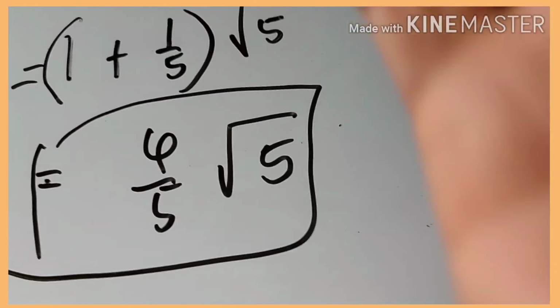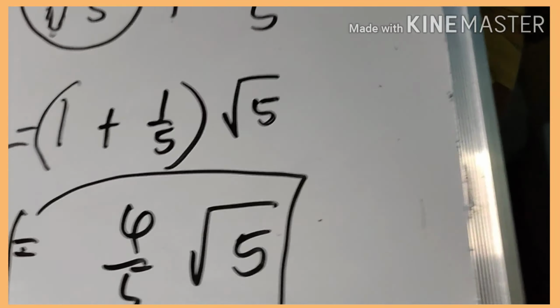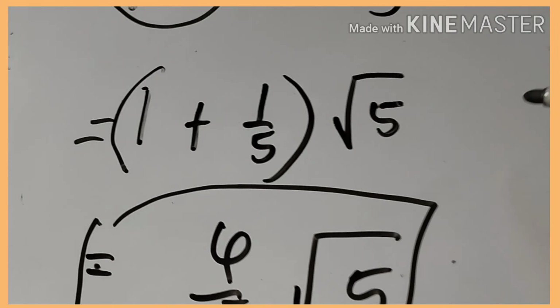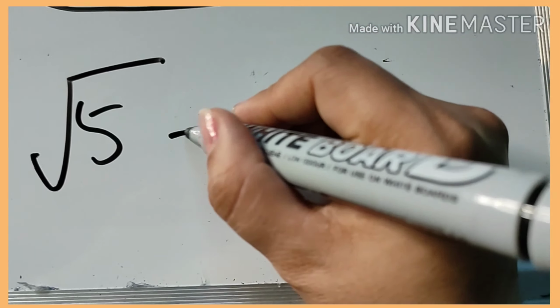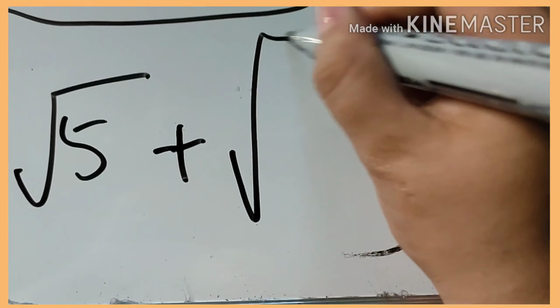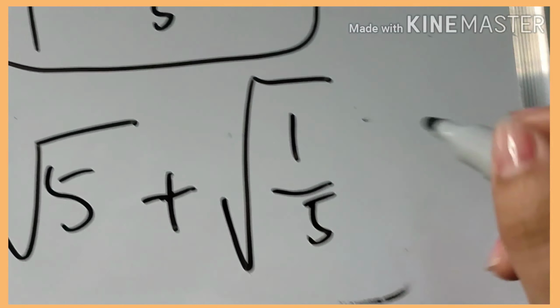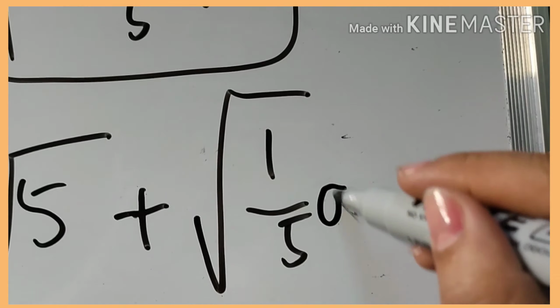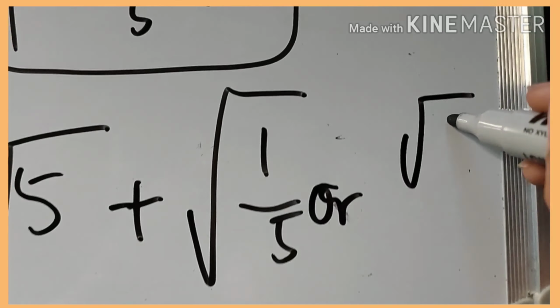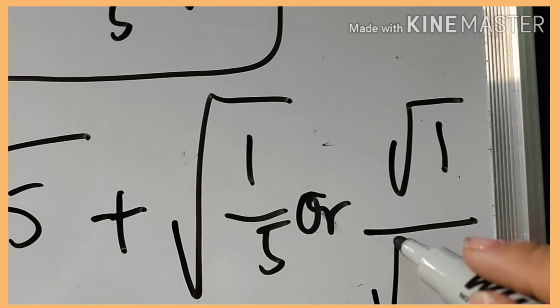That's your answer. So if your expression is just like our example, square root of 5 plus the square root of 1 over 5, always get first the square root of the numerator and denominator, writing it as square root of 1 over square root of 5.